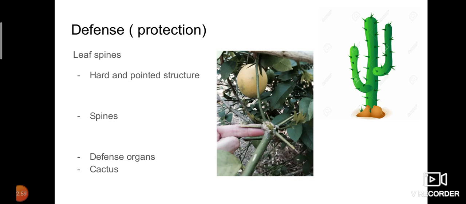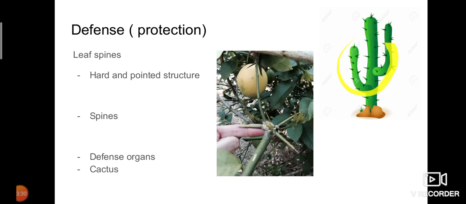Like that, in some plants leaves are also modified as spines. Take desert plants, for example cactus: the leaves are modified into spines. Spines are nothing but thorns, and they are hard and pointed structures. These are the defense organs of these plants, the best example being the cactus.